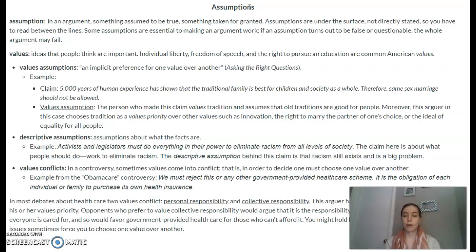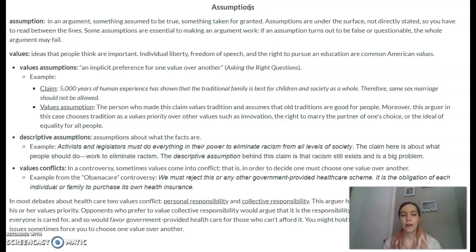Maybe someone you're talking to would disagree with that as a value. No, actually, I think men are in charge of the family, and that's the way it's been traditionally, and I value that tradition over the idea that women should be treated equally. So that's a breakdown of values.